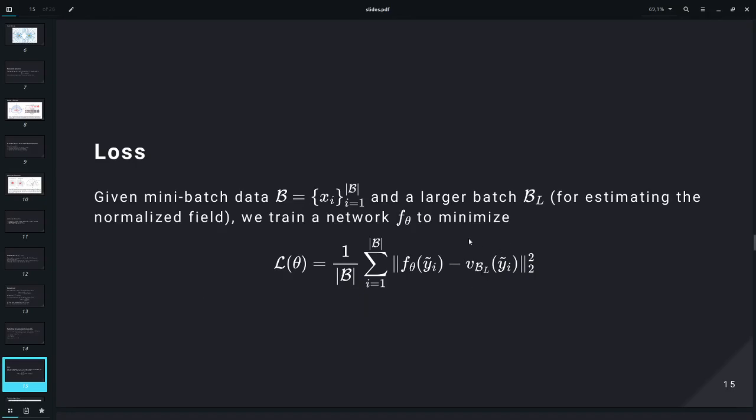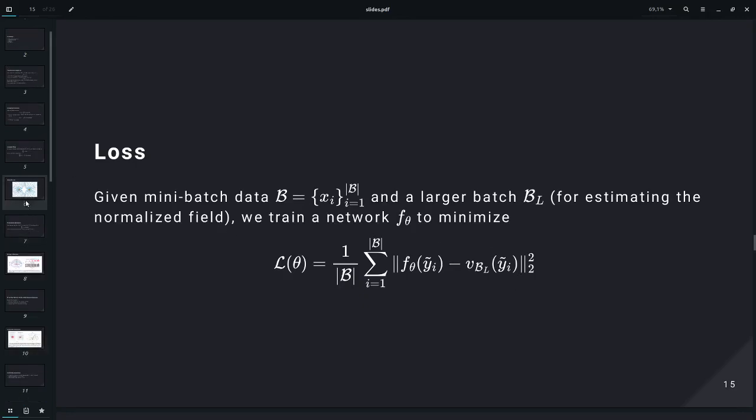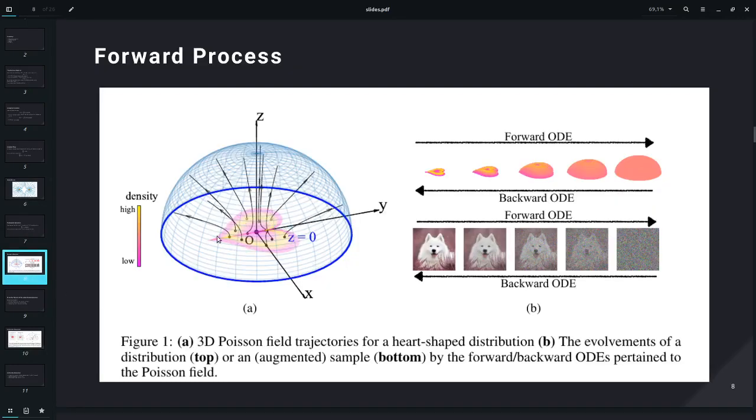So the actual flow here is fixed by your data distribution, right? The data distribution fixes a flow, and that's the flow you're trying to learn. Modulo the fact that you have to approximate by large batches and that there's some bias there, the actual vector field that you're trying to learn is fixed by your data distribution. So you're just trying to approximate some vector field.